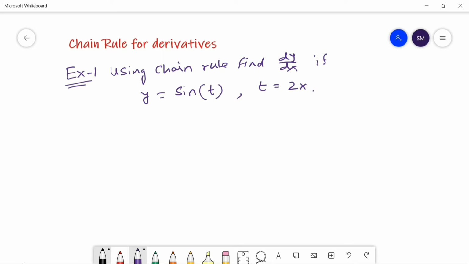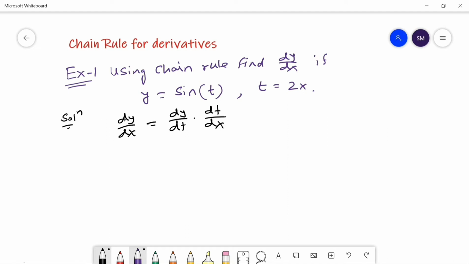Then the question is to find dy/dx. The solution: we have to find dy/dx, which is dy/dt multiplied by dt/dx. So now calculate dy/dt and dt/dx.